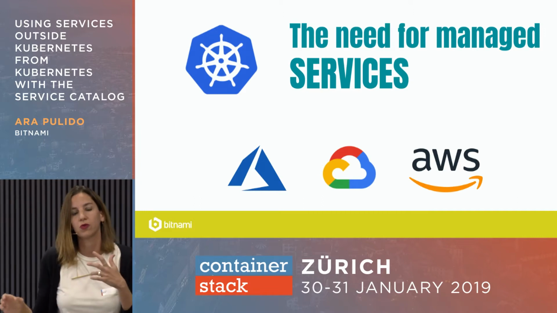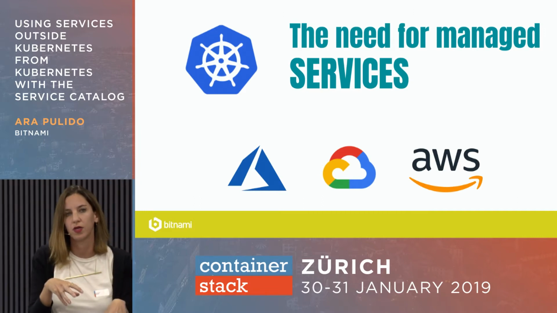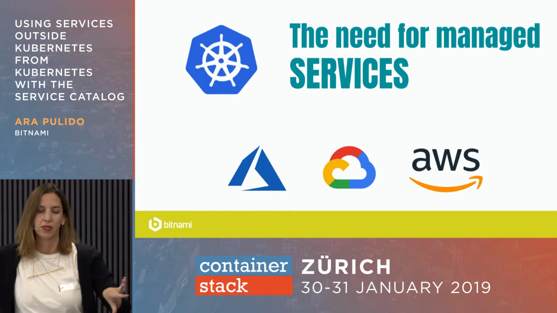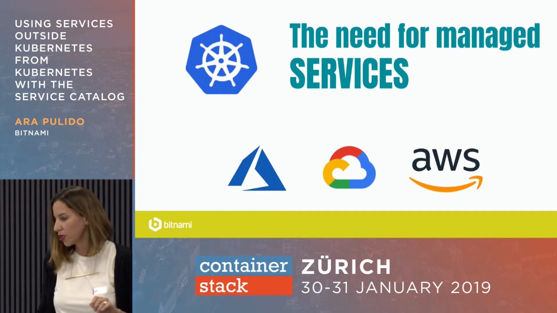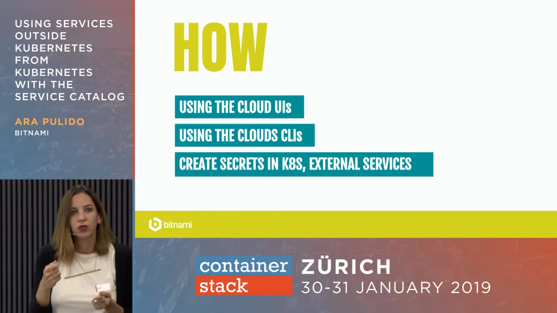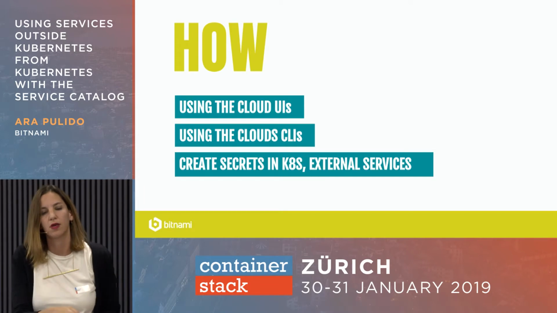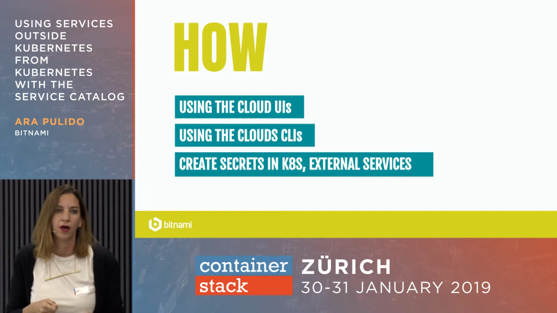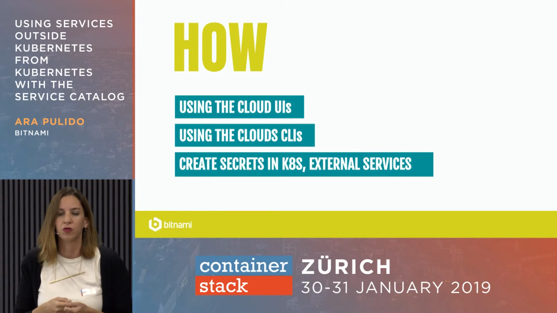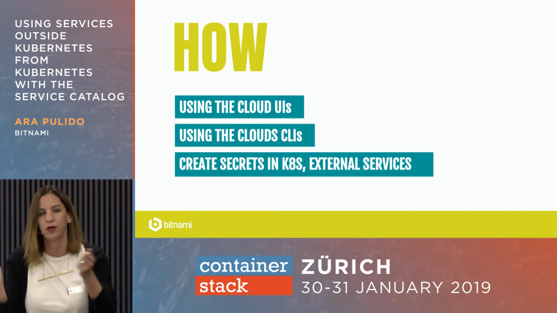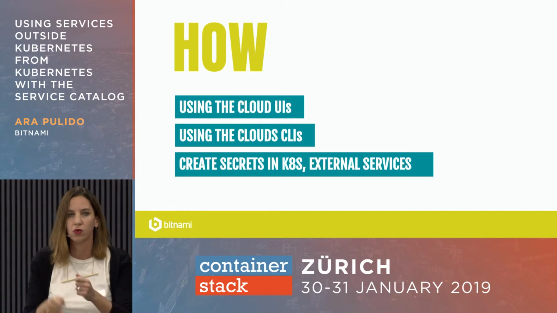One of the problems with this right now in Kubernetes is that in many cases, this is completely disconnected from one another. So how would you do that usually? You want to provision one of these services, and maybe you have to talk to your operations team to provision that for you. Or if you have the right permissions, you can go to these cloud UIs and request one of these instances.